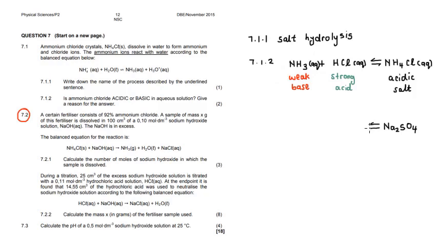You say to yourself, what do I know, in terms of an acid or a base, that contains sodium? Well, it's sodium hydroxide, reacting with what contains a sulfate anion, in terms of an acid or a base? That has to be sulfuric acid.